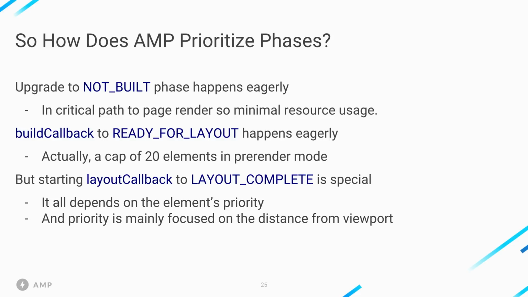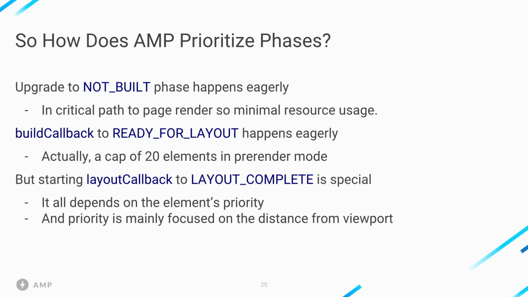Build callback also happens eagerly for the stuff that's in the viewport and subject to pre-render restrictions. There's actually a cap of about 20 in pre-render mode. We won't call a build callback on more than 20 elements, even if they're pre-render safe, just to stop chewing up too much resource. But that's also eagerly called, so you really want to make sure that you're not doing anything heavy in there.